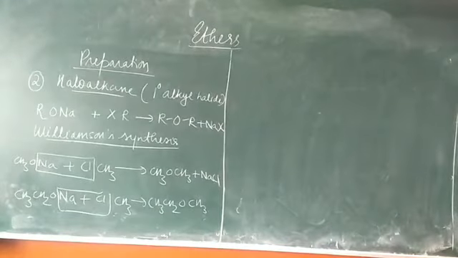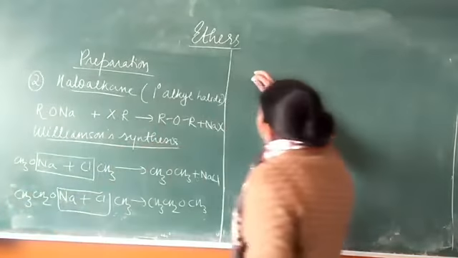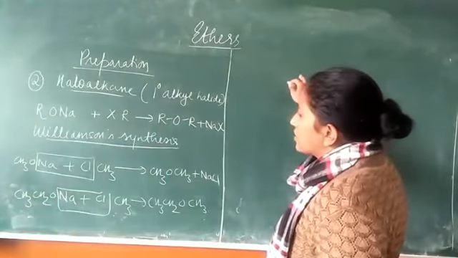Now, what happens if instead of a primary alkyl halide we take a tertiary alkyl halide? That time there will be formation of the alkene. It will follow the dehydrohalogenation reaction.